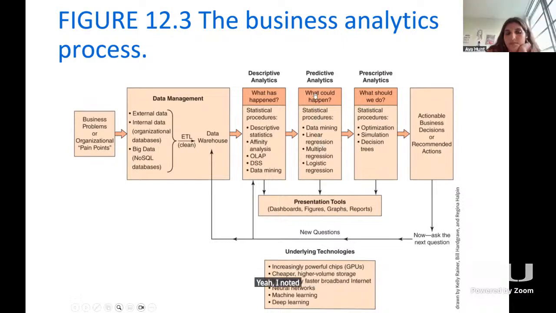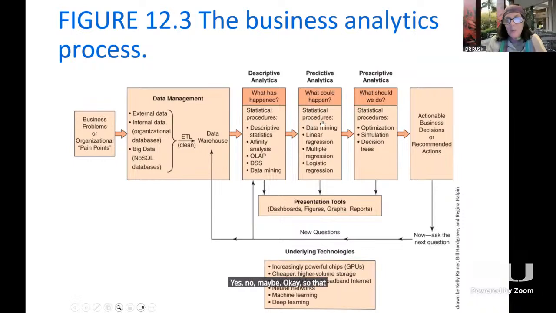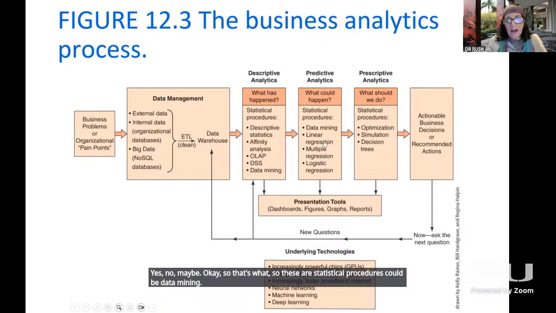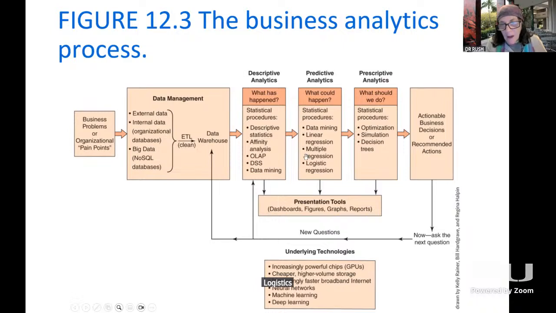Okay, so these are statistical procedures. It could be data mining, it could be statistics, linear regression, logistics. Once I have predictive helping me, the key is, Frank, what should we do?